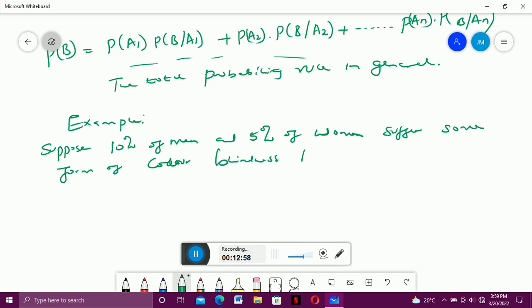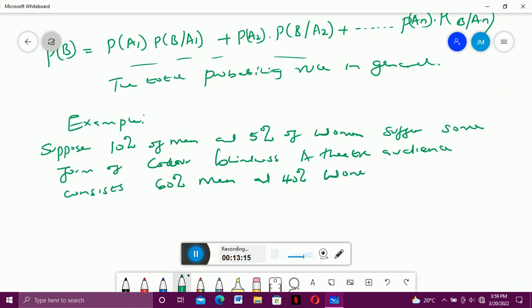A theater audience consists of 60% men and 40% women.